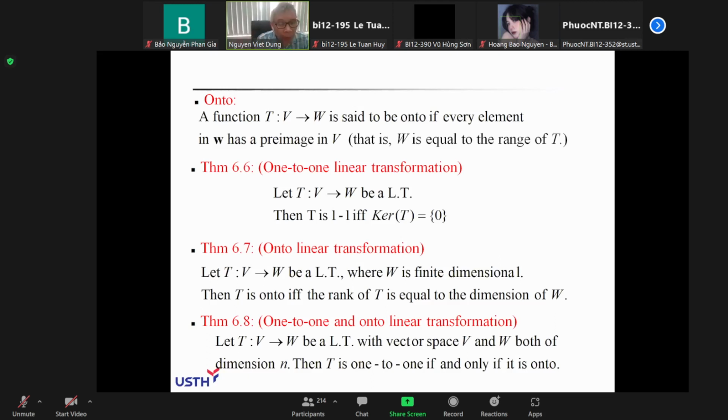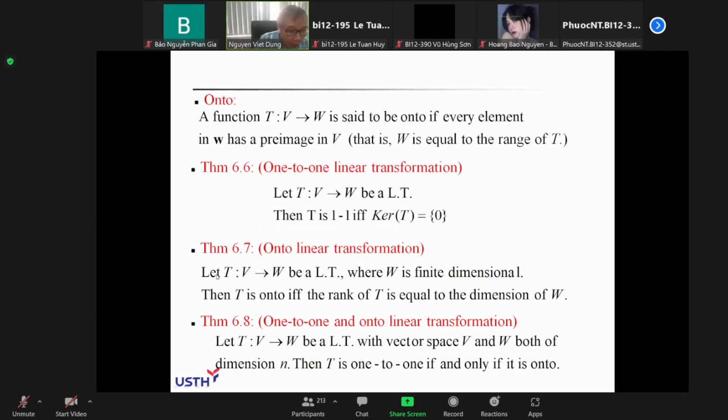How can we do it? The first claim says that if T from V to W is a linear transformation, then T will be one-to-one if and only if it has a kernel consisting of only one vector, the zero vector. It means only in the case the kernel of T equals zero. And how about onto? Suppose that T from V to W is a linear transformation, and suppose that W, the codomain, is a finite dimensional vector space.